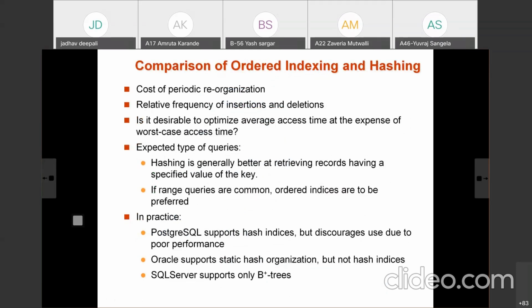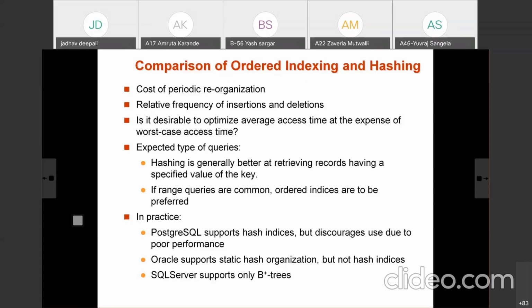So here I think everyone is clear with indexing and hashing. Now let us compare ordered indexing and hashing. In the indexing technique, there is the cost of periodic reorganization. As a sequential file system is used in indexing, whenever we insert a record and there is no space in the file, we store it in overflow blocks or overflow buckets.